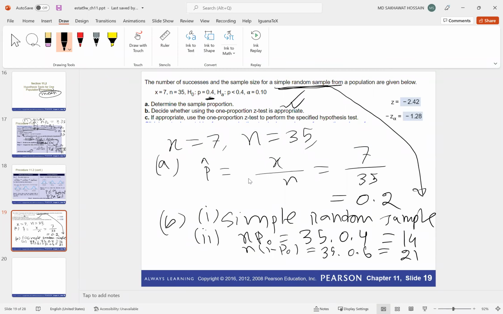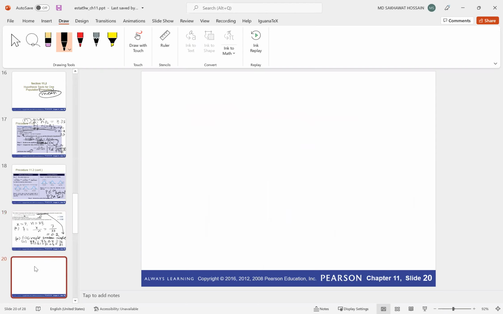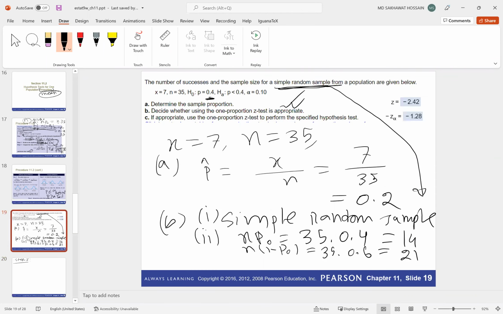Since the z procedure or z-test is appropriate, we'll use the z-test to perform the hypothesis test. So how do we perform the hypothesis test? Step 1, we need to write the hypotheses.